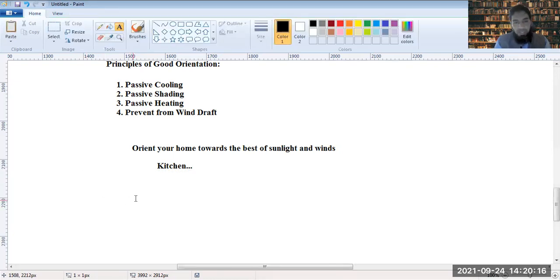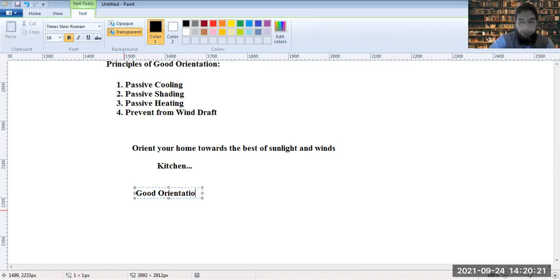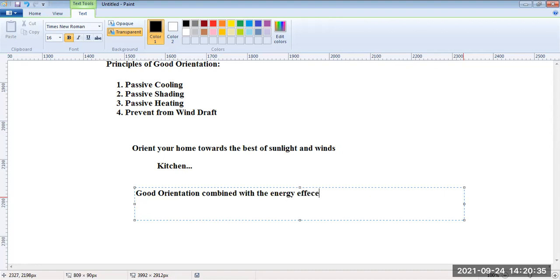So a good orientation combined with energy efficiency features can reduce or even eliminate the need for auxiliary heating and cooling requirements, and that would result in lesser bills, and so we have less greenhouse carbon dioxide emissions, because we are using less wood to burn if we have good energy efficiency in our houses.